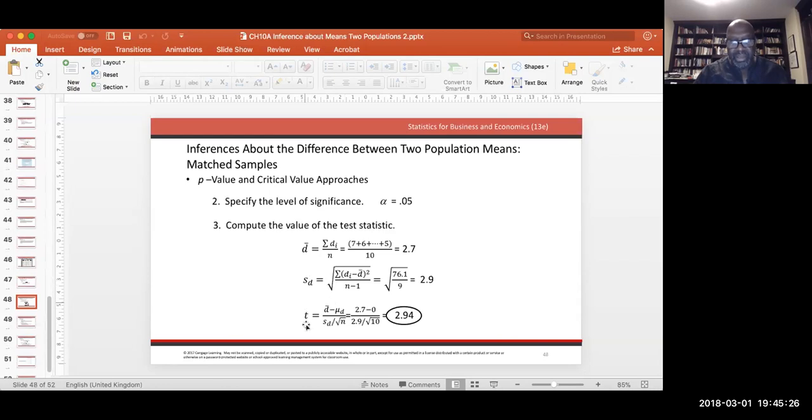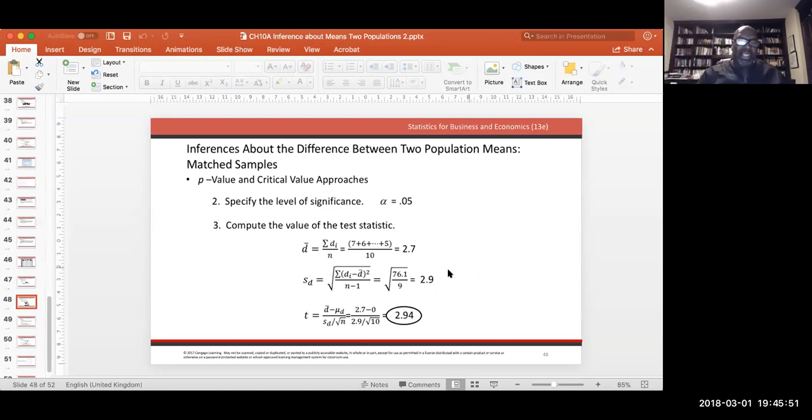The test statistic is t equals d bar minus mu d, over s d over root n. That's the same statistic that we used when we were doing a single population problem with sigma unknown. What we had was t equals x bar minus mu over s over the square root of n, with degrees of freedom n minus 1.